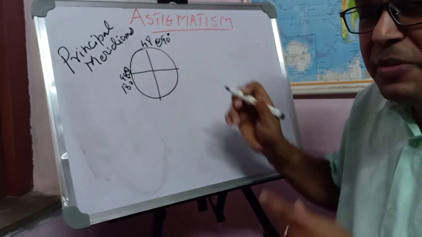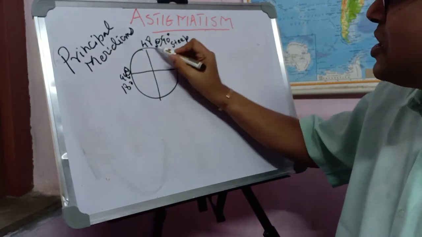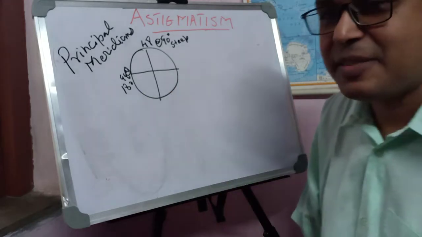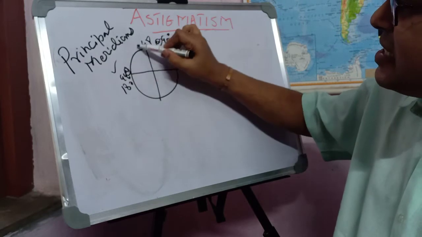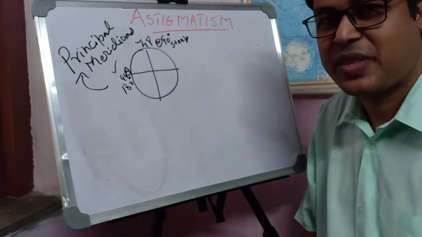We know from the last video that this is the steep meridian because it has higher power. This is the flatter meridian because it has lower power. Both these meridians are called the principal meridians.